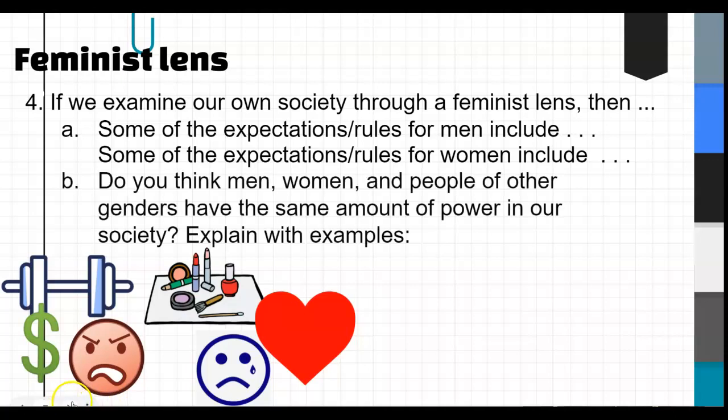Do you think men, women, and people of other genders have the same amount of power in our society? Explain with examples. I don't know if you've heard of Sarah McBride, the first openly transgender senator from Delaware, who was elected last year. But just the fact that there's never been an openly transgender senator elected says something to me about power.